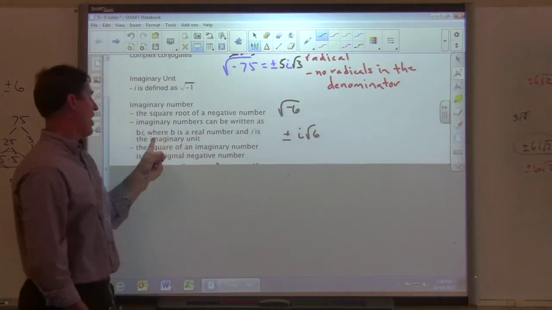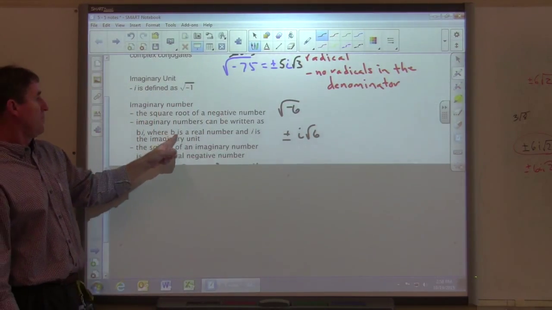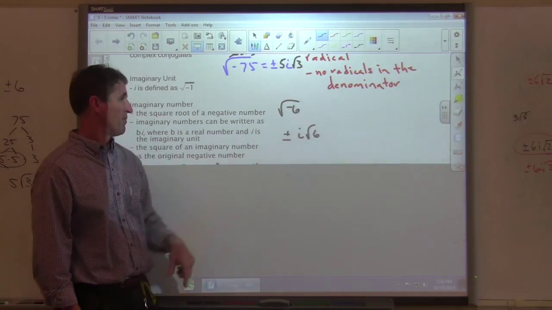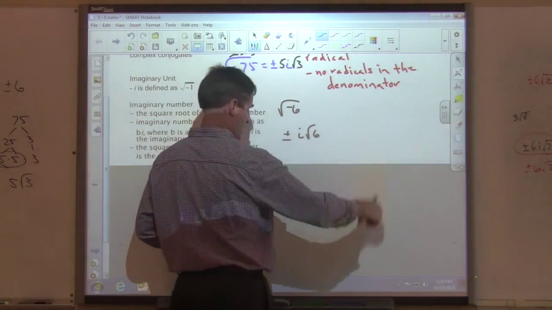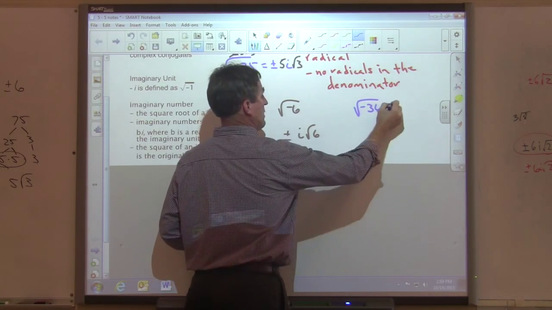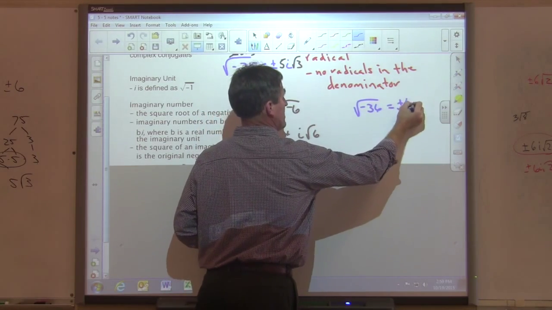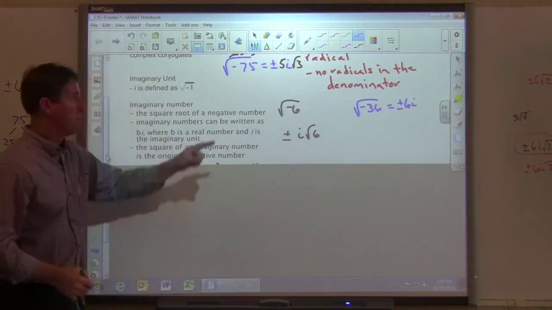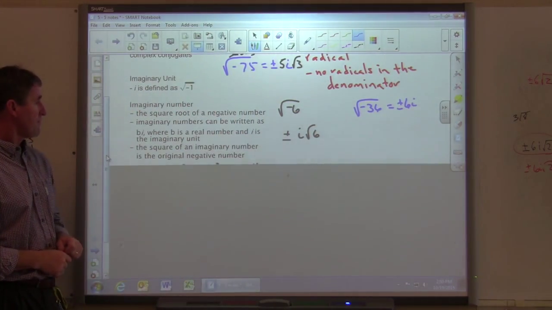In this case, our b would be 1, because there is no number here. If it was, let's do the square root of negative 36, then that would become plus or minus 6i. So b in this case would be 6.